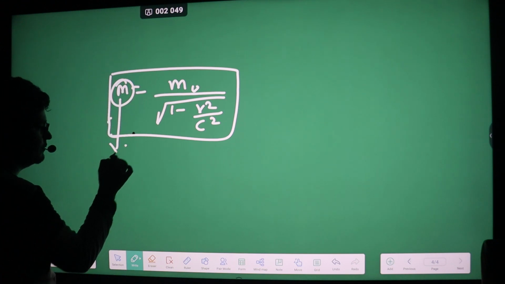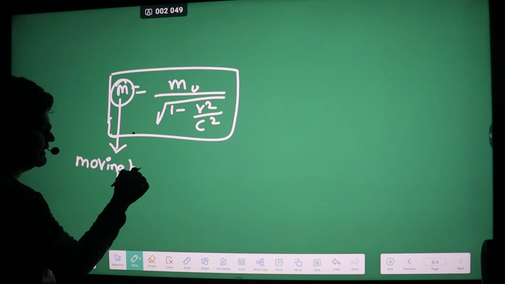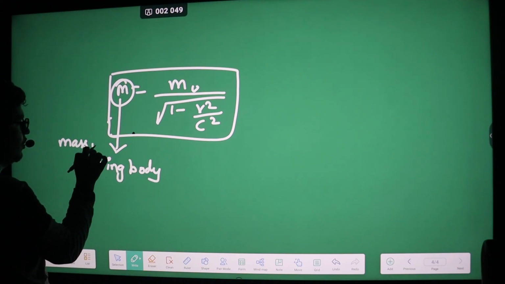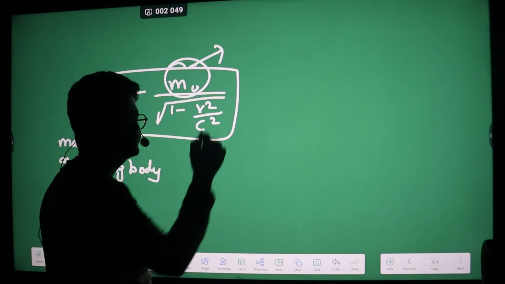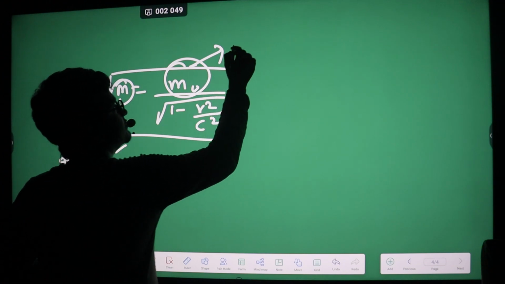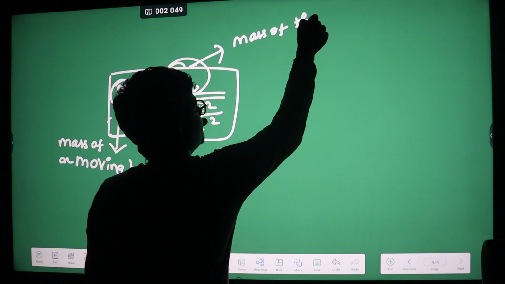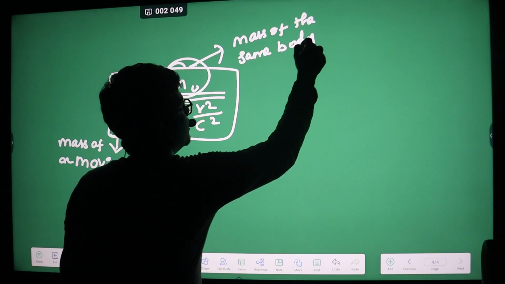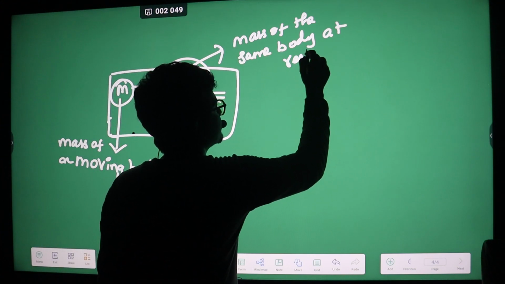M stands for the mass of a moving body. M naught stands for the mass of the same body at rest state. The body should be the same, mass of the same body at a rest state, at rest.